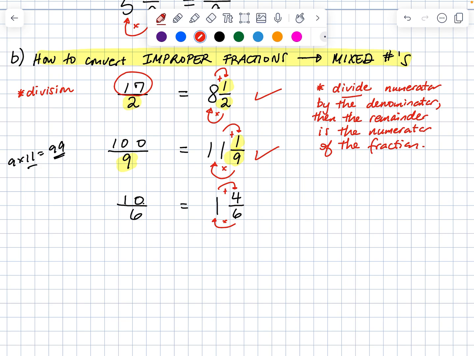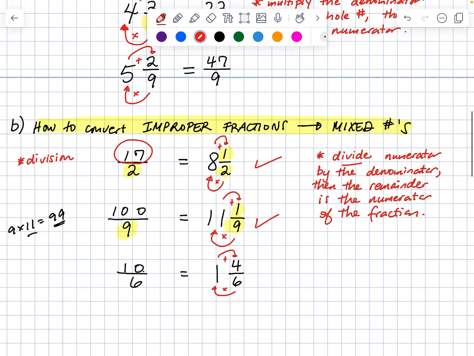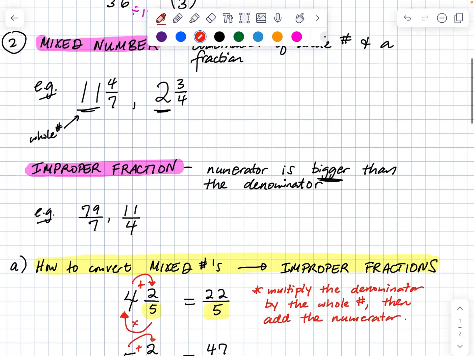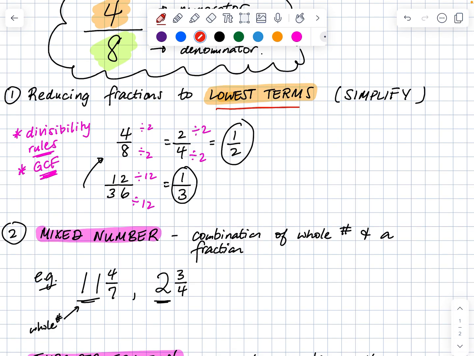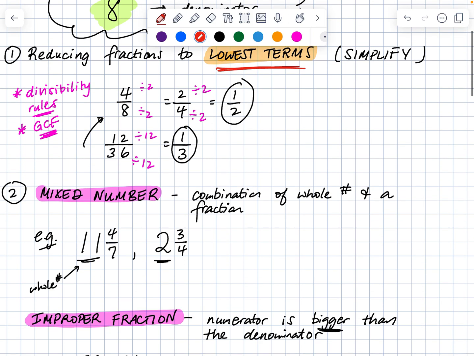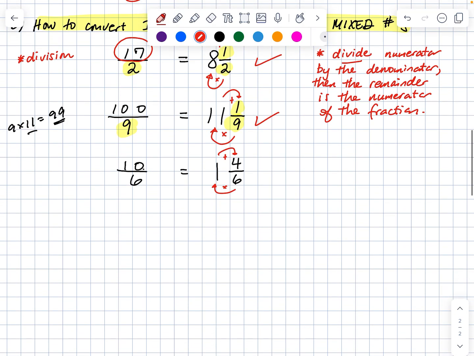Now, here's another thing that I want to connect to what we started off with at the beginning of this lesson. We were talking about lowest terms and reducing fractions to lowest terms and simplifying. So you could get a question where, okay, reduce your final answer to lowest terms or simplify it. Because I know that when looking at this, the numerator 4 and the denominator 6 can be divided further because they are both divisible by 2 at least, right?